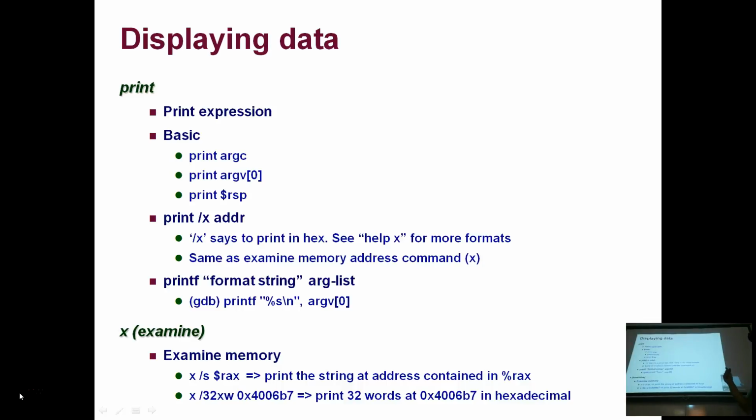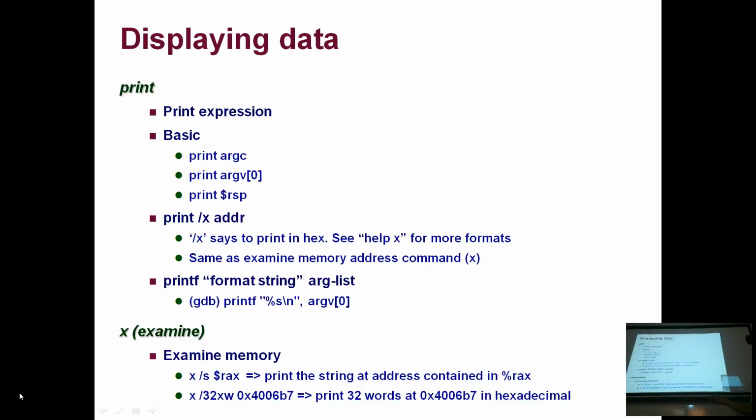Another command that you'll be using later on is x, to examine something in memory. Typically the argument is a memory location. So if I want to examine the string, /s says string, examine the string that RAX points to. This is another register. Say I loaded a pointer to a string in RAX, I can just print what that string is by doing that.